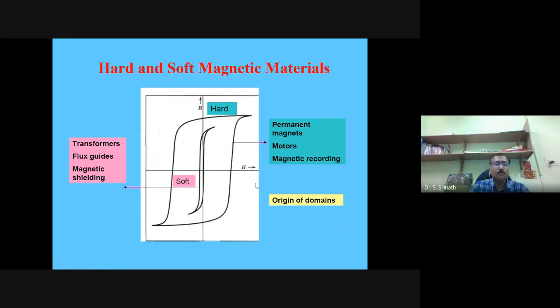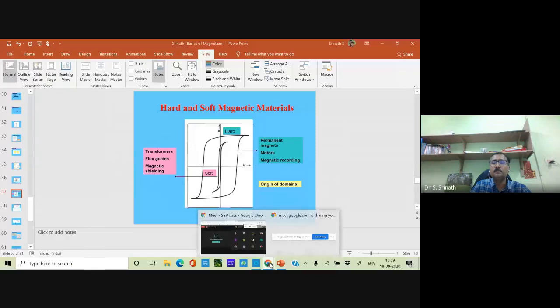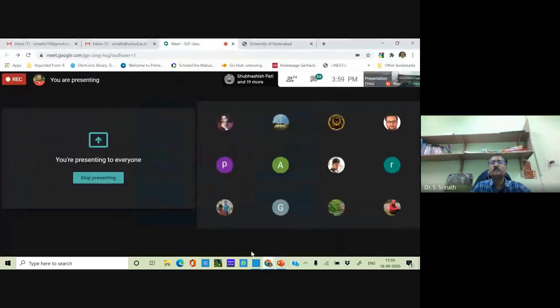So I'll take a couple of questions here if you have any. How come 34 students? Initially some 45 and odd had come and then they left. Why is that?